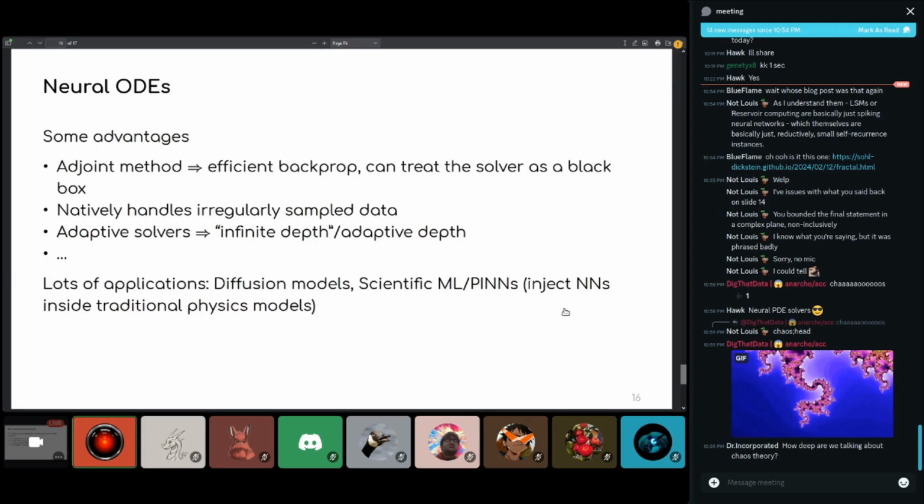So how deep are we talking about chaos theory? At least the way I'd cover it is mostly explaining what chaos is. Obviously we give the definition, but defining exactly what chaos is is a bit complicated. But basically, understanding what exactly that chaos is, that's a major thing.